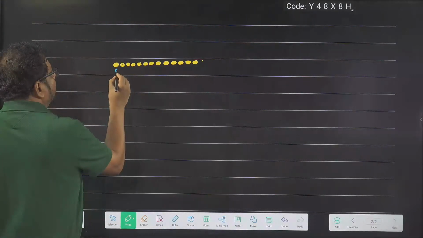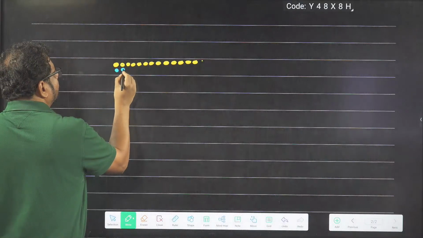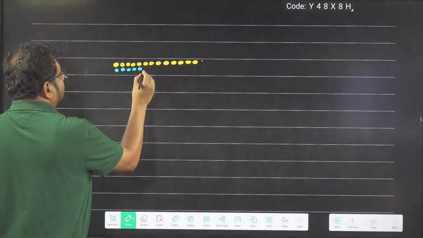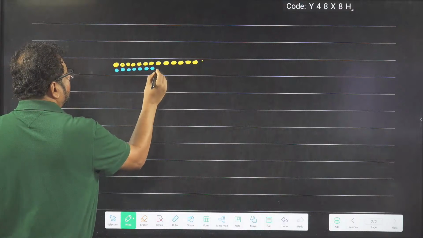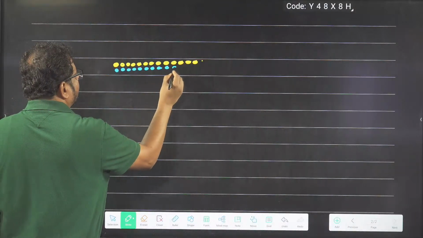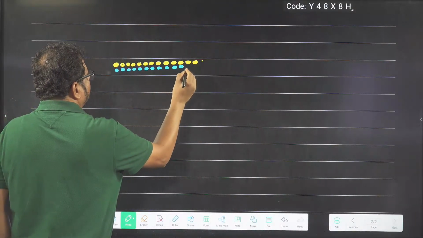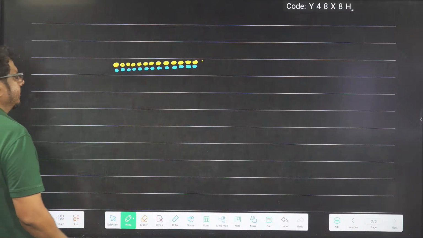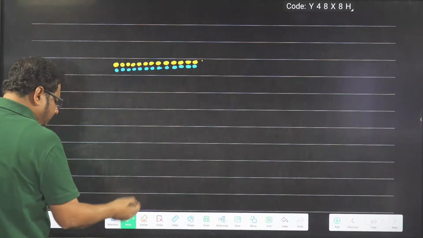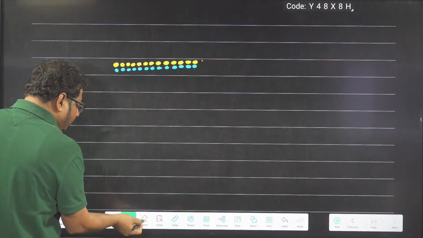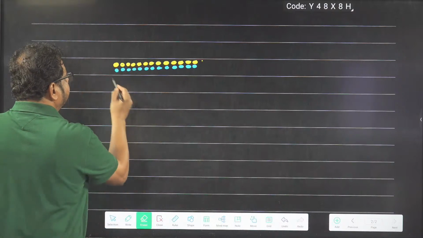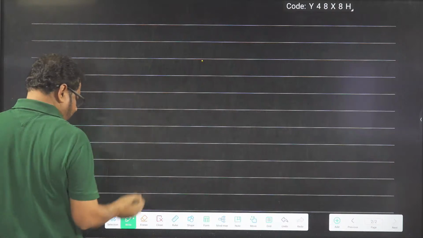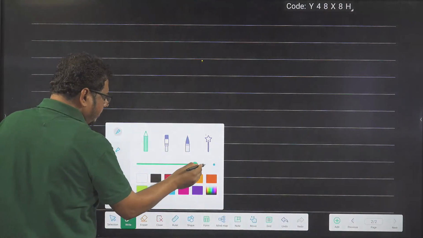Now I am writing the blue color one. It is beta tubulin. Are you getting the idea? Then it is alpha. And wait, it will take more time, so I am just going for a different diagram. It will become easier.